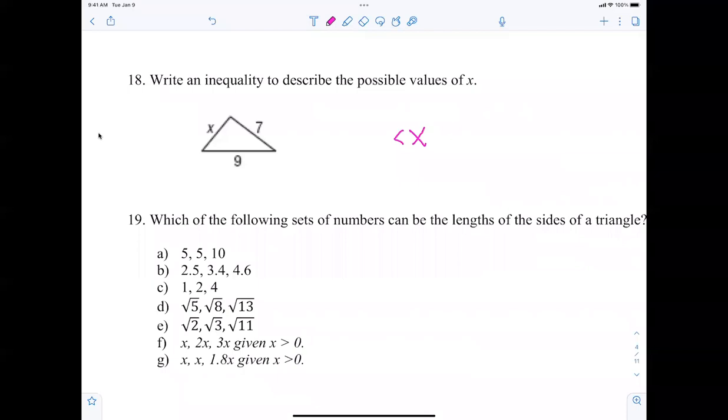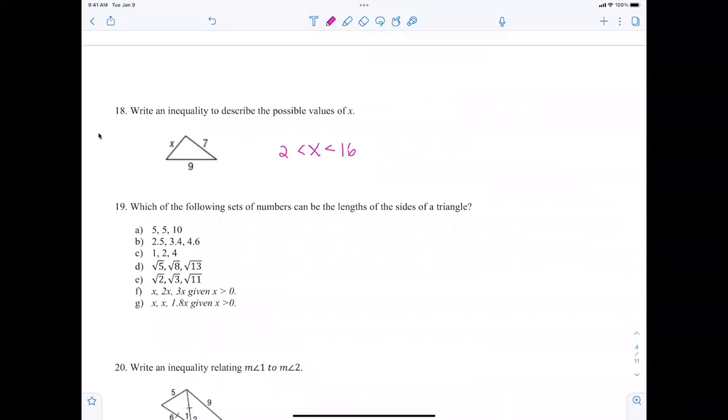You see what I'm saying? So we just say it's greater than the difference. What's the difference? 2. And it's less than the sum. So it'd be less than what? 16. Greater than 2, less than 16. Everybody's good with that?